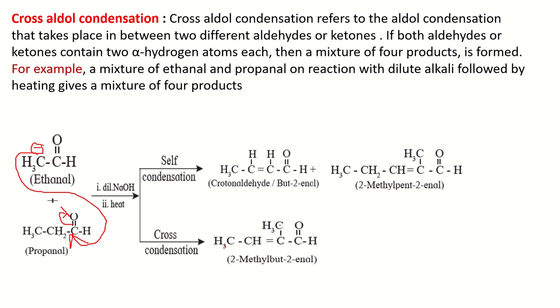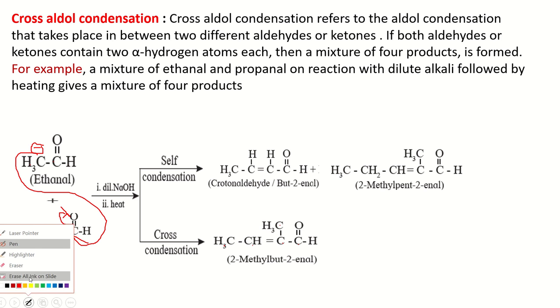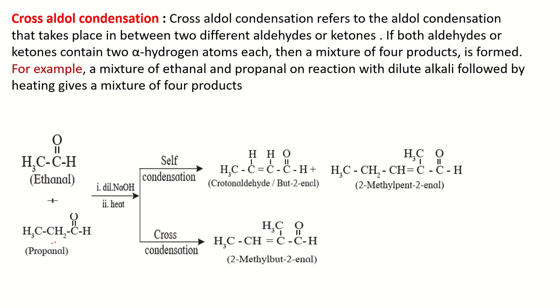I hope the cross condensation reaction is clear. Now consider ethanol as one component and propanol as the nucleophile. This alpha carbon acts as a nucleophile and approaches the carbonyl carbon of ethanol.